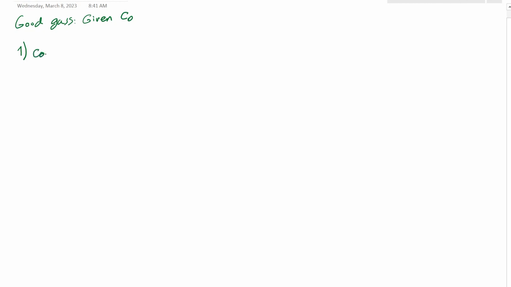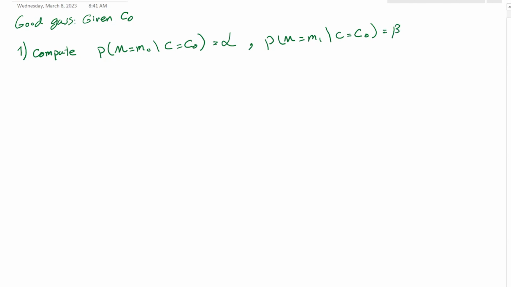So we're going to compute the probability of M being M0, given that C is C0, and we're going to call this alpha. At the same time, we are going to compute the probability of M being M1, given that C equals C0, and we're going to assume that this is beta.